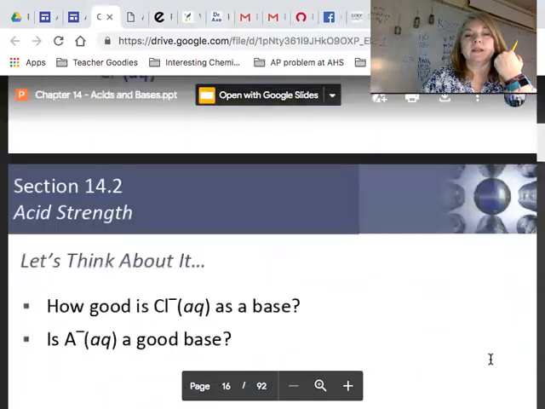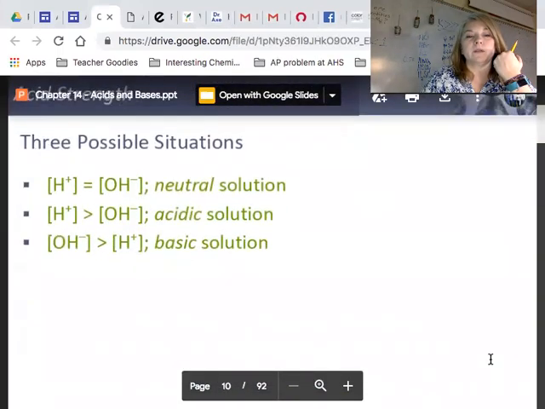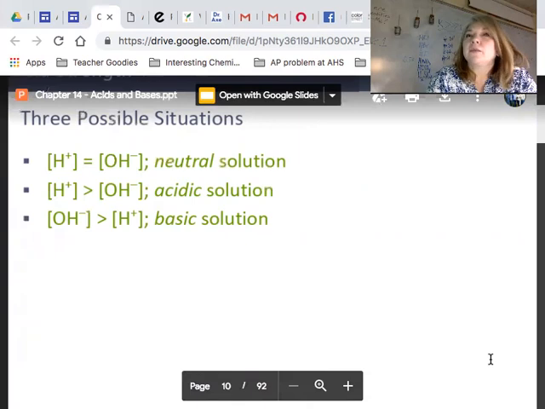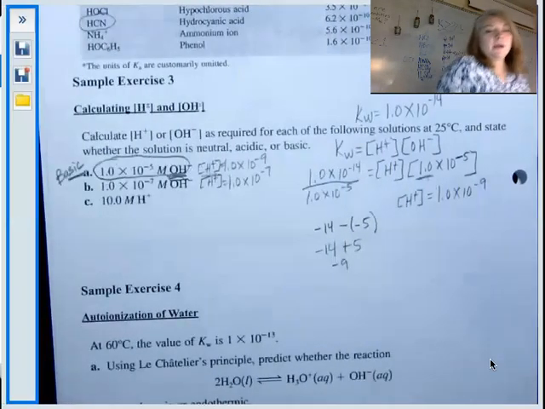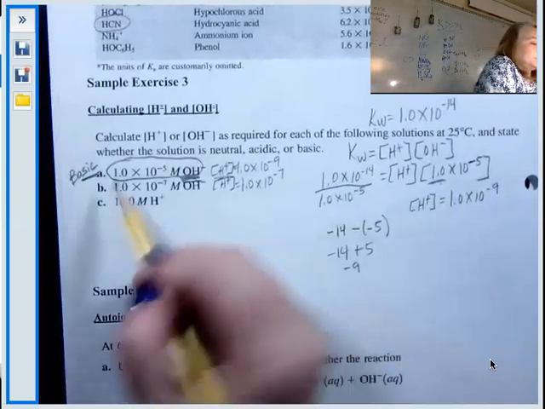So go back to this one. You said the hydroxide was bigger, right? If hydroxide is bigger than the hydronium, then it's a basic solution. No, it's all good. Okay, so I think we've established that B is neutral, because they're the same.